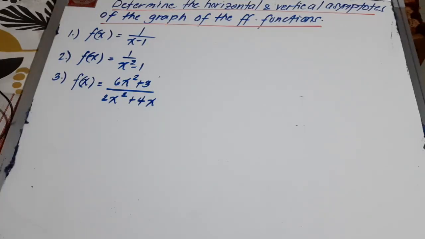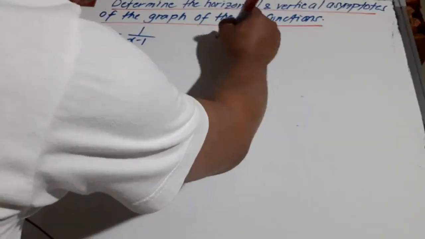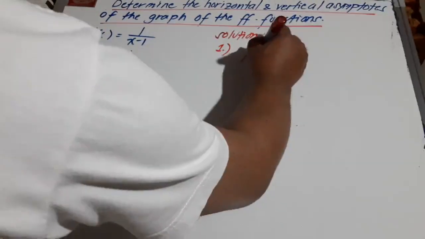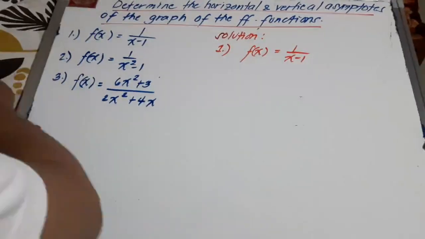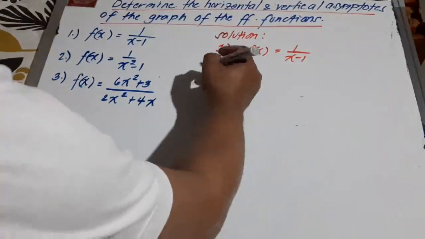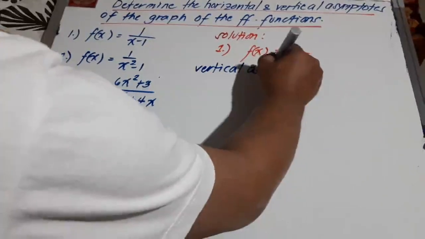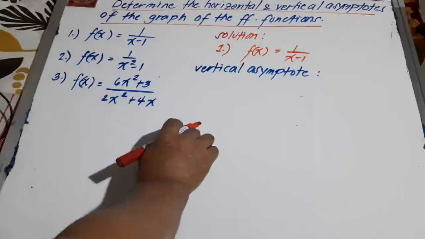Okay, now I'm going to solve rational function number one. We have f of x equals 1 over x minus 1. For the vertical asymptote, para makuha natin yung vertical asymptote, all we have to do is just to determine the restriction on the denominator of our rational function.